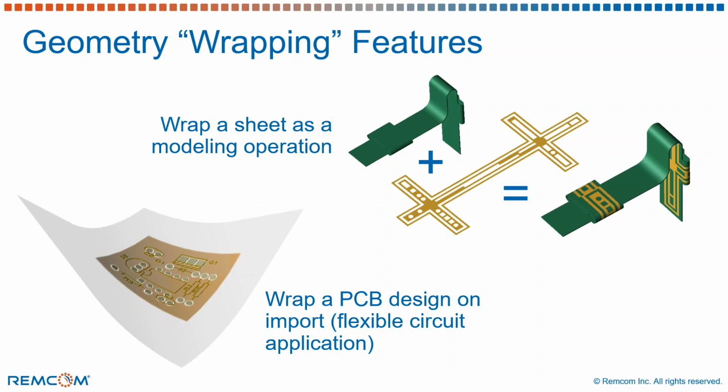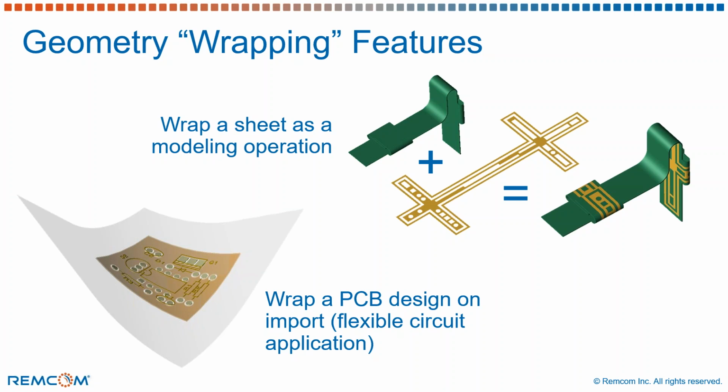One is to be able to wrap a sheet as a modeling operation that's very similar to other modeling operations like blends or Booleans. The other feature that we've added is the extension of that to be able to wrap an entire PCB design onto a form.